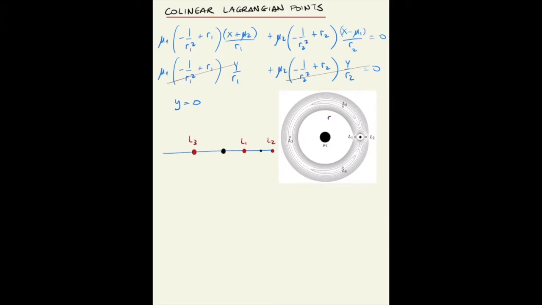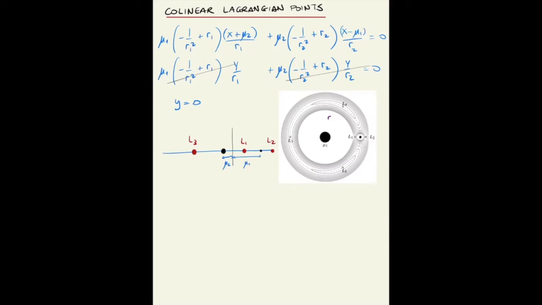So how do we find their locations? Well, let's look at the geometry of the problem. You have that R1 is going from the primary to the Lagrangian point. And of course, the central mass is along the line joining the primary and the secondary. The distance from the primary to the central mass is mu2. The distance from the central mass to the secondary is mu1.